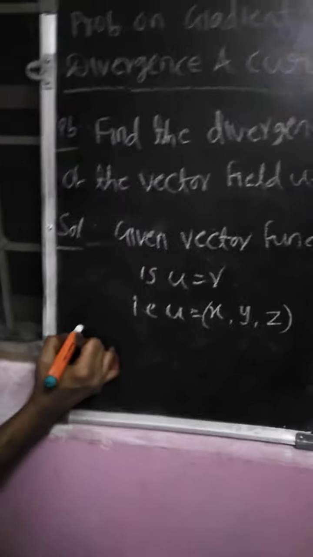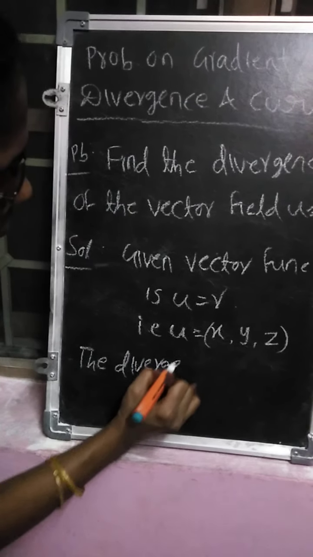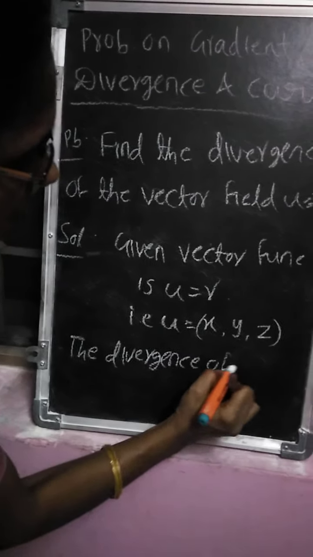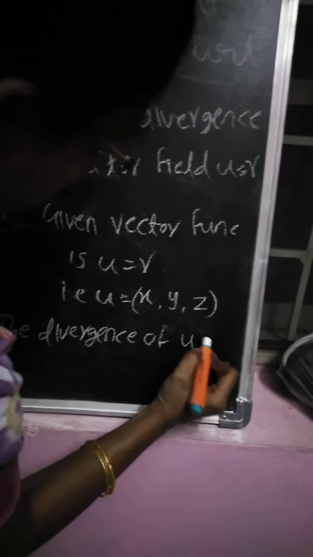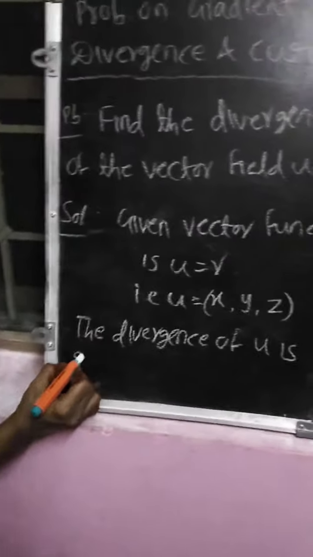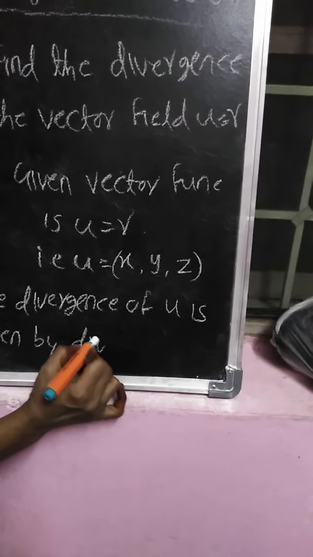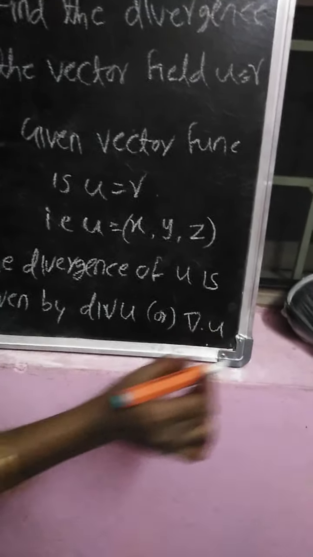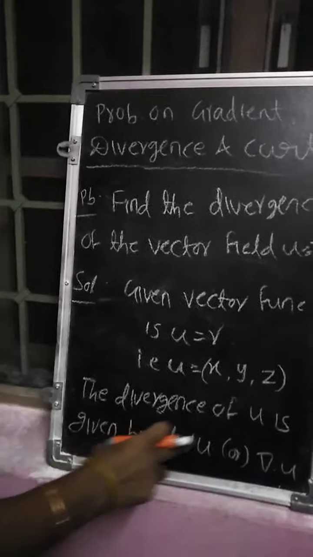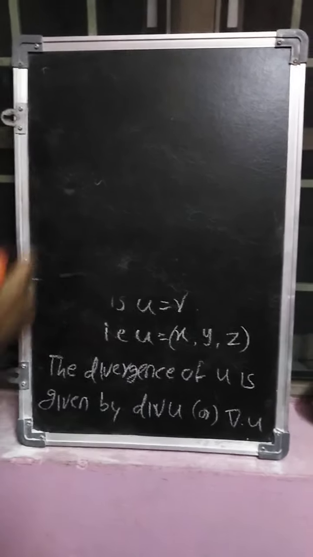The divergence of U is given by div U, which is also del dot U. Here U is equal to R, meaning x, y, z.